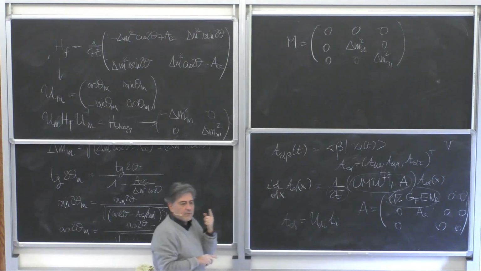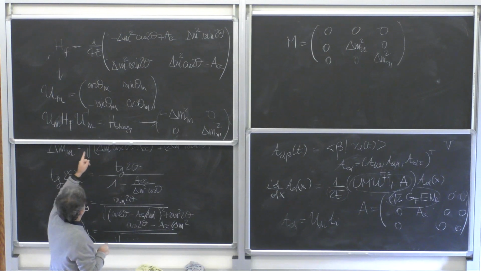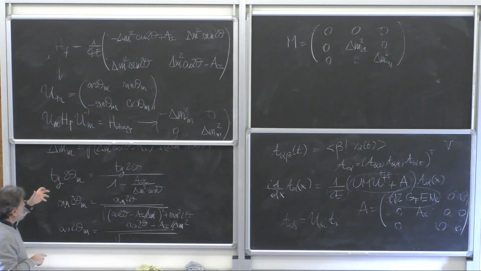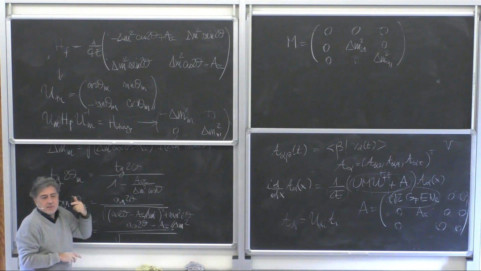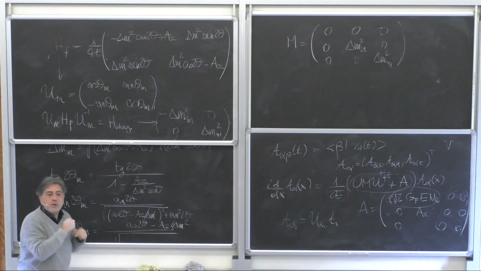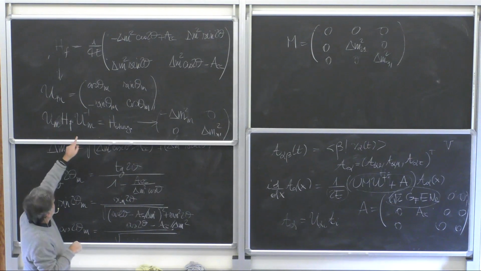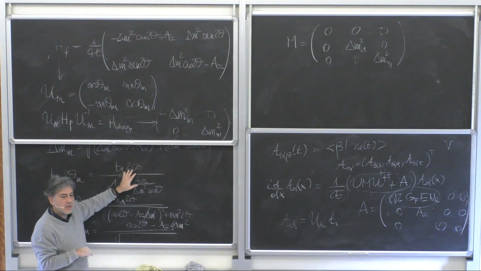So with two flavors, you have only one mass square difference. The matrix that will diagonalize the Hamiltonian depends on one angle. That is the new mixing angle in matter. And these are the formulas that define this angle.